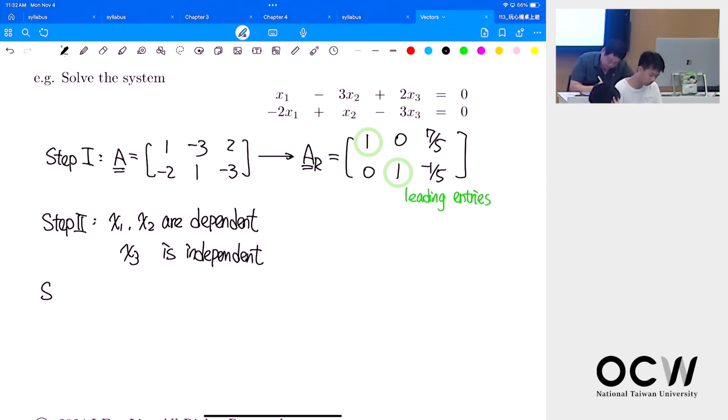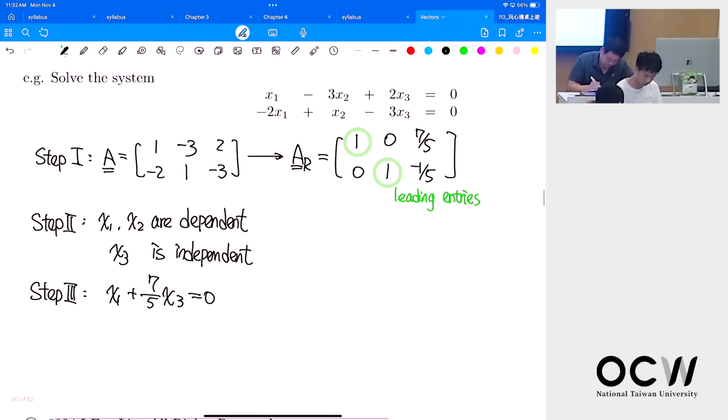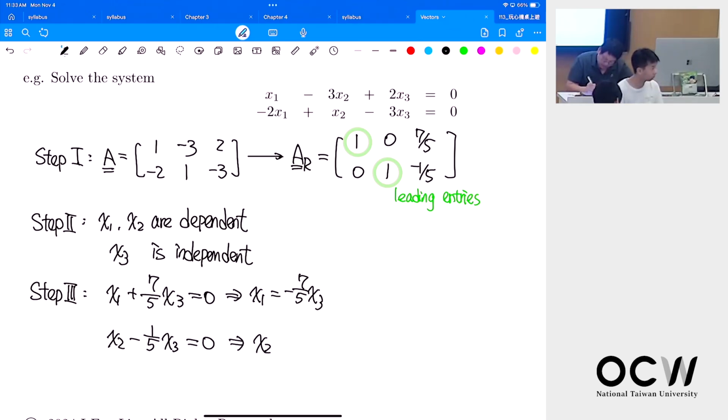Step 3. So we know that x1 plus 7 over 5 of x3 is 0. That means x1 is minus 7 over 5 x3. And x2 minus 1 over 5 times x3 is 0. Then x2 is 1/5 of x3.